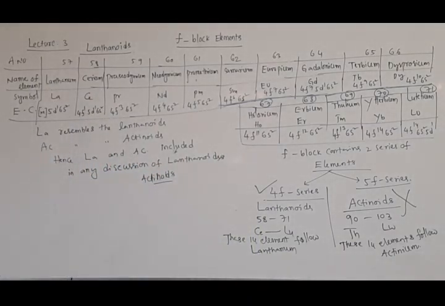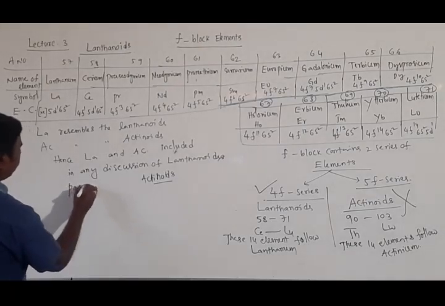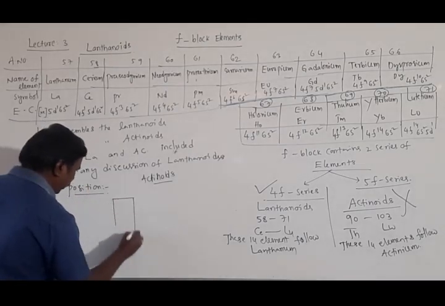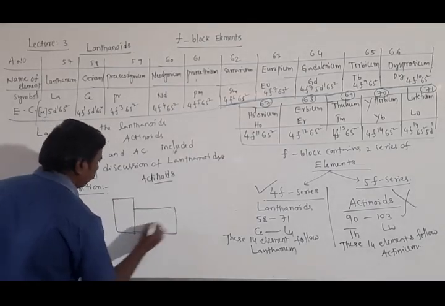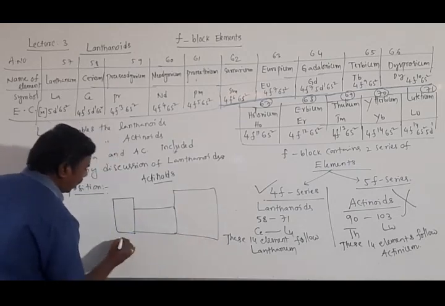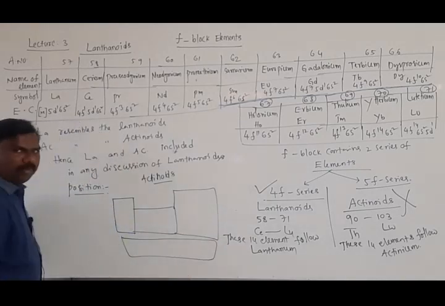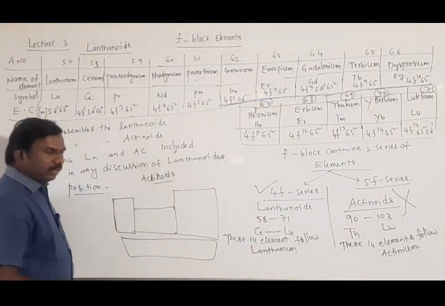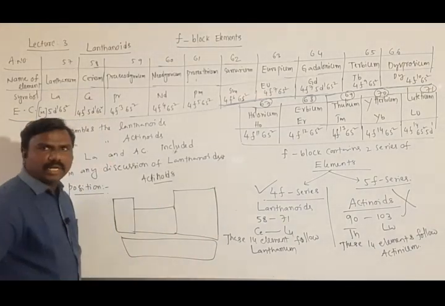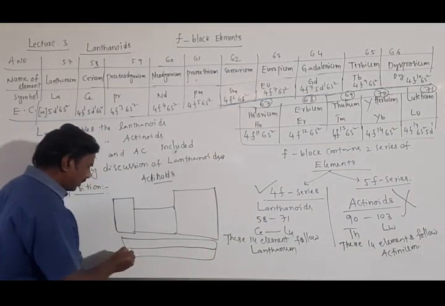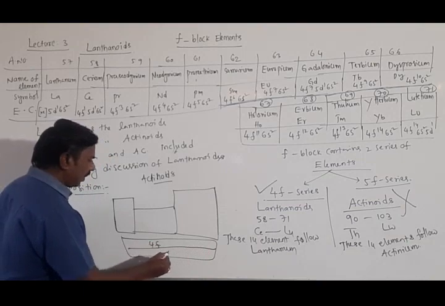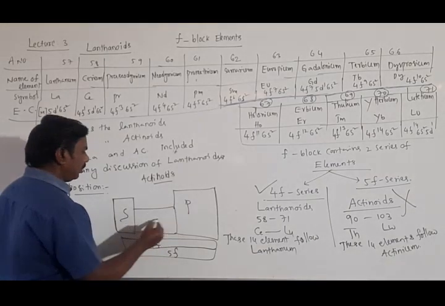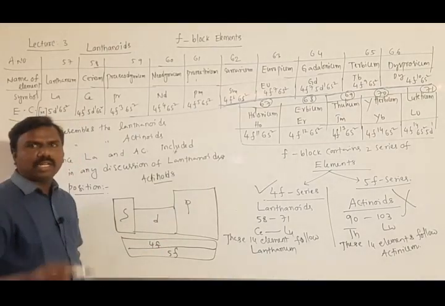Next, position in the periodic table. If you observe, this is S block element, these are D block, these are P block, and at the bottom there are two series of elements. One is 4f series, another one is 5f series. F block contains two series.